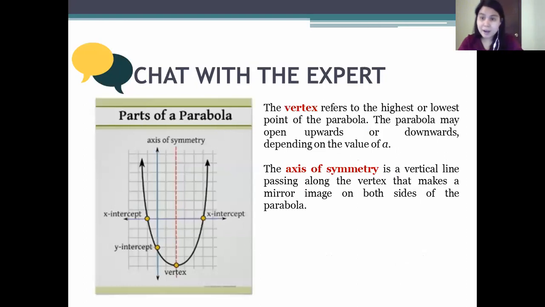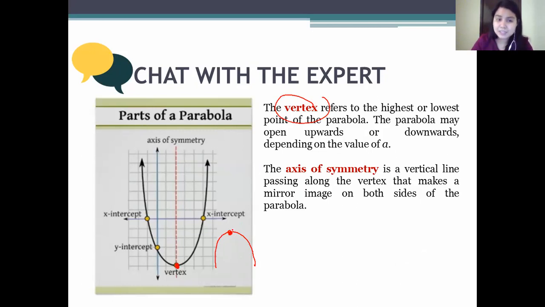Now, how do we graph parabolas? These are the parts of a parabola. Let me use my pen. The first is the vertex. The vertex is the lowest point of the parabola. Or if the parabola opens downwards, it is the highest point of the parabola.